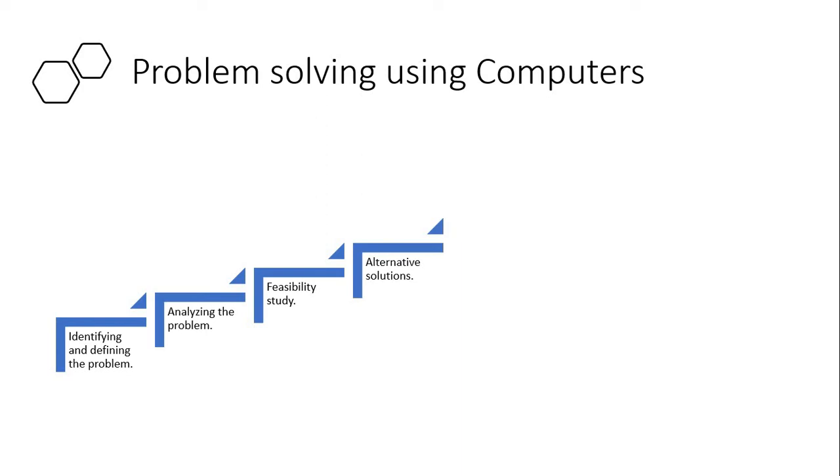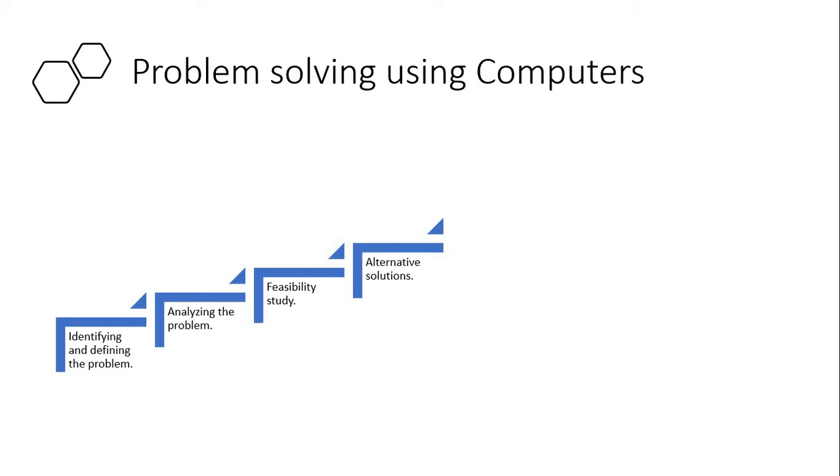Once the feasibility study is conducted and it is assured that the program which is developed or implemented for the organization is beneficial, then the next step is conducted, that is finding alternative solutions. So there can be different methods or alternatives for a particular problem.